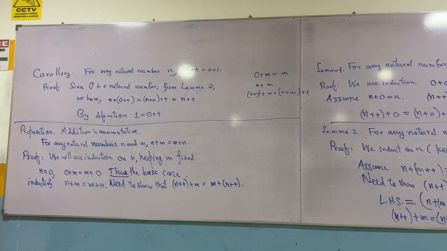We proved it for 0. We are assuming n plus m is equal to m plus n. Now we need to show that n plus plus m is equal to m plus n plus plus.